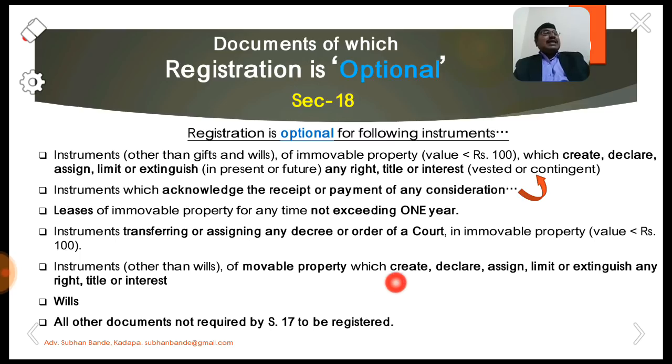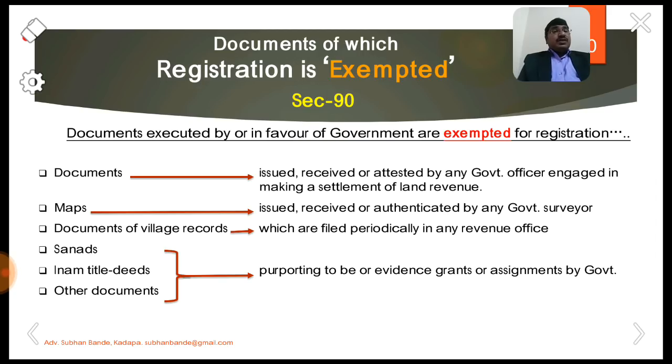Registration of wills is optional, and so are all other documents not required by Section 17 to be registered. This is about category 3 of documents related to registration.